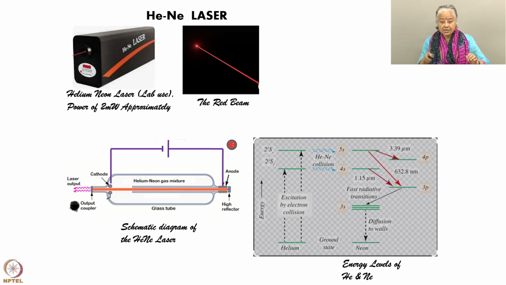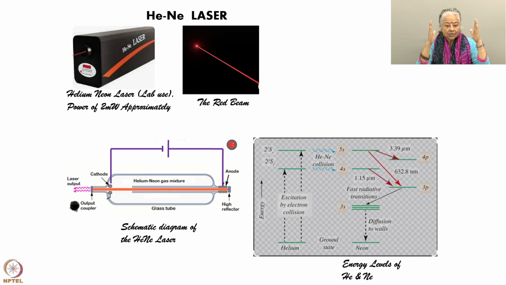One way of doing it is you coat these mirrors, the output coupler here and the high reflectivity mirror here. You coat them in such a way that, with a good coating, only the green light is getting reflected back, and it is giving a very low reflection to the red light.